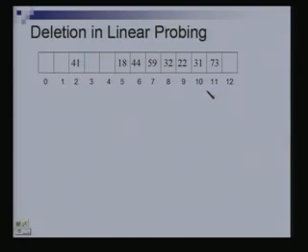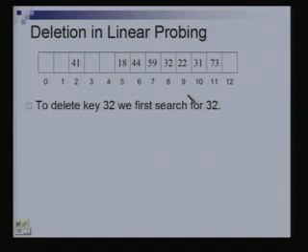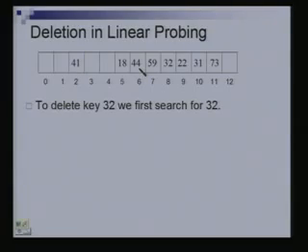How do you delete? Suppose this was my picture from the previous slide, and now I want to delete 32. So first I will have to search for 32, right? 32 mod 13 is 6, so I come here, it's not here, so I come here, it's not here, I come here, I find 32.